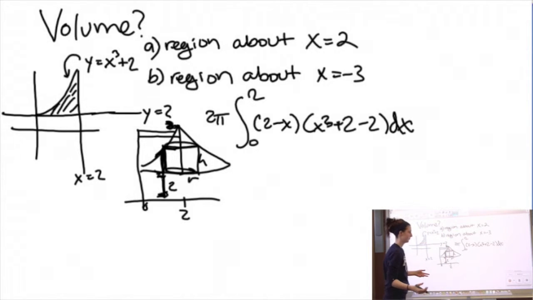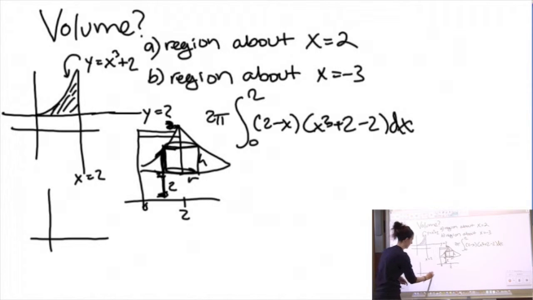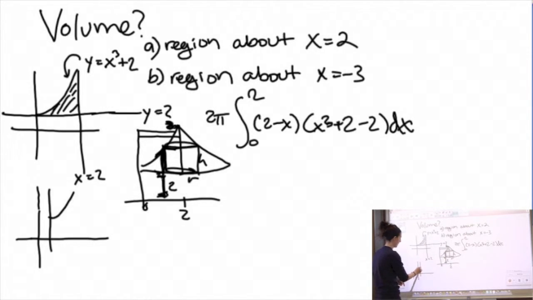Now our next one, for part B, let's draw it right here. So, what are we doing this round? x equals -3. So let's make x equals -3 right here. So we have this thing, right? And now it's copied over here.